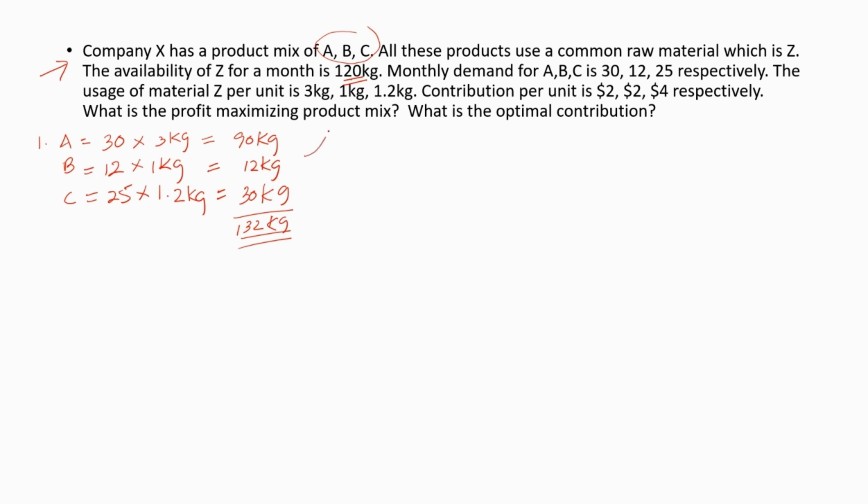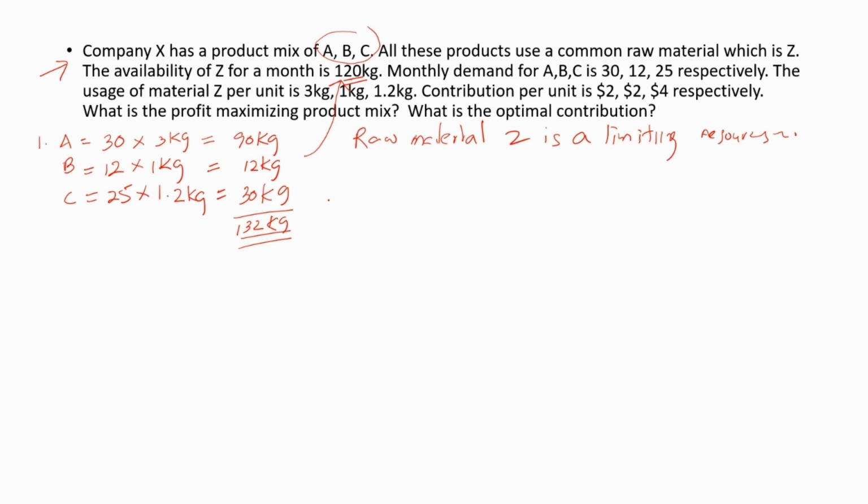The availability of material Z is 120, but we need 132 kilograms in order to meet the demand, which means now the raw material Z is a limiting resource because we need 132 but the availability is 120. Now we have identified that there is a limiting factor, which is raw material Z.